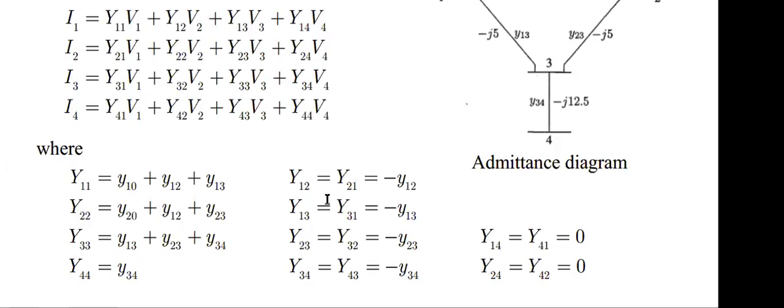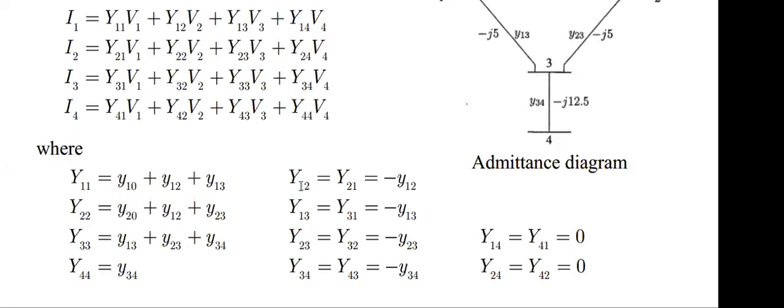Now we want to check this side, mutual admittance. Regarding mutual admittance, it might be Y12 or Y21, they are the same, because these are the magnitude values. So it is a non-directional or non-polar device admittance.